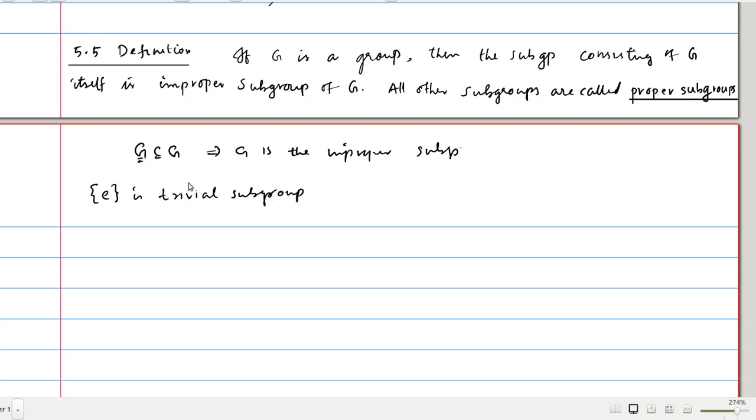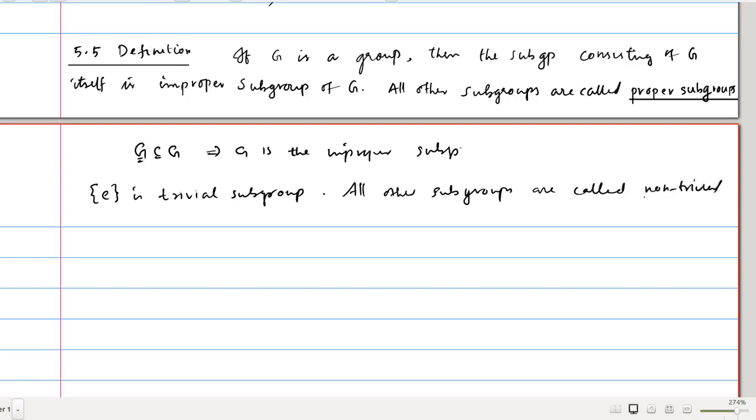That means every group G contains at least these two subgroups: one is the trivial subgroup and the other is the improper subgroup. All other subgroups are called non-trivial.